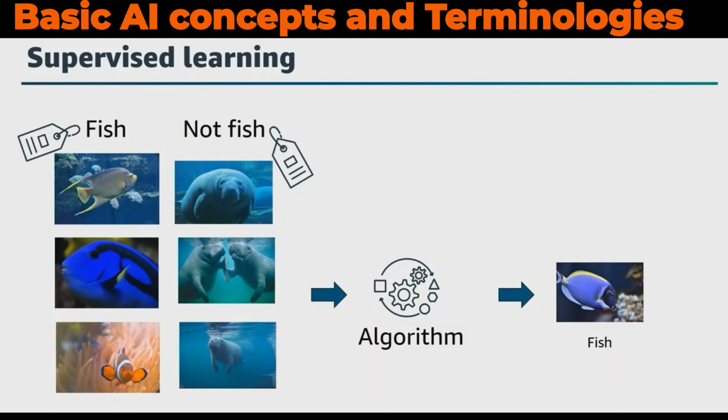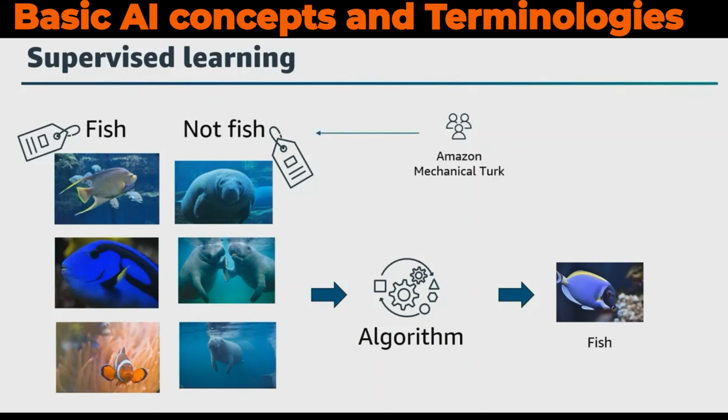The challenge with supervised learning is in labeling the data. The model might need to be trained on many thousands of pictures of fish before it makes reliable predictions. This involves people who must look at an image and label it.